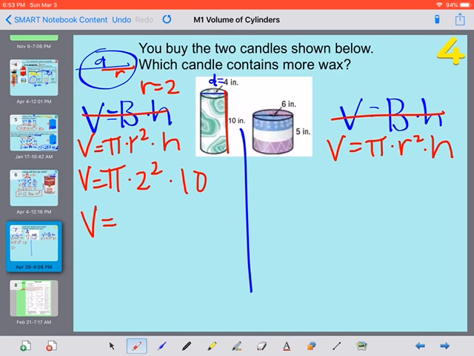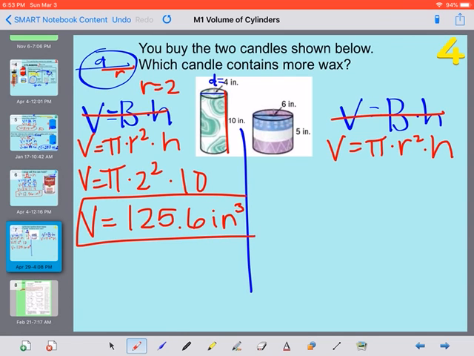I'm going to do it step by step. 2 squared, 2 times 2 is 4, times pi, which is 3.14, times 10. And I got a volume of 125.6. And we're talking about inches, so inches cubed. And like I said, for pi, I used 3.14, but it is okay to use the pi button as well.